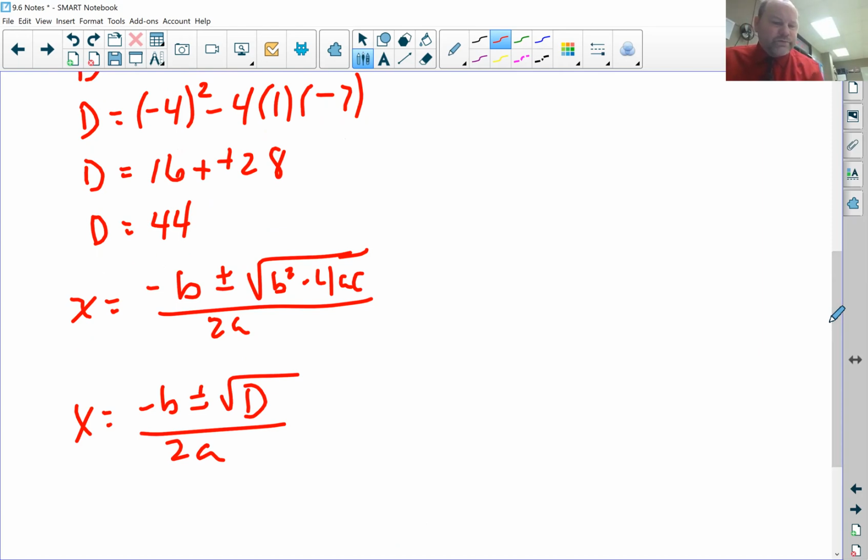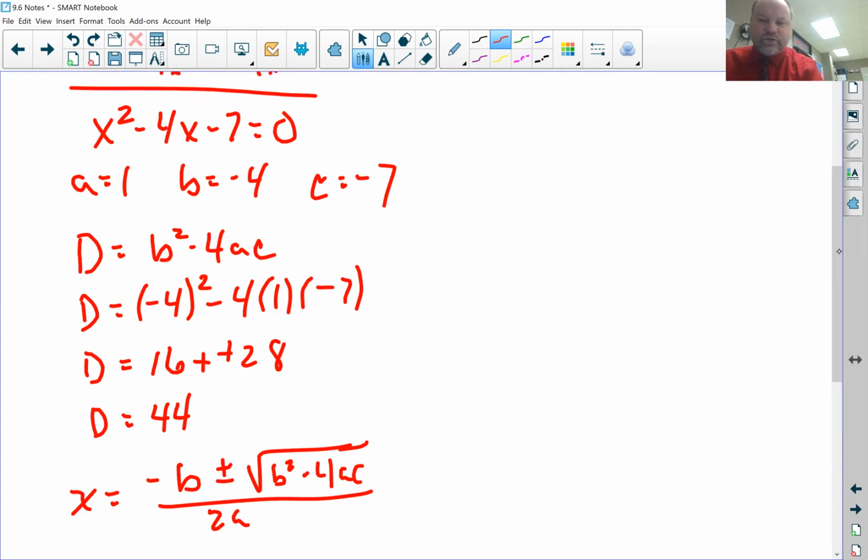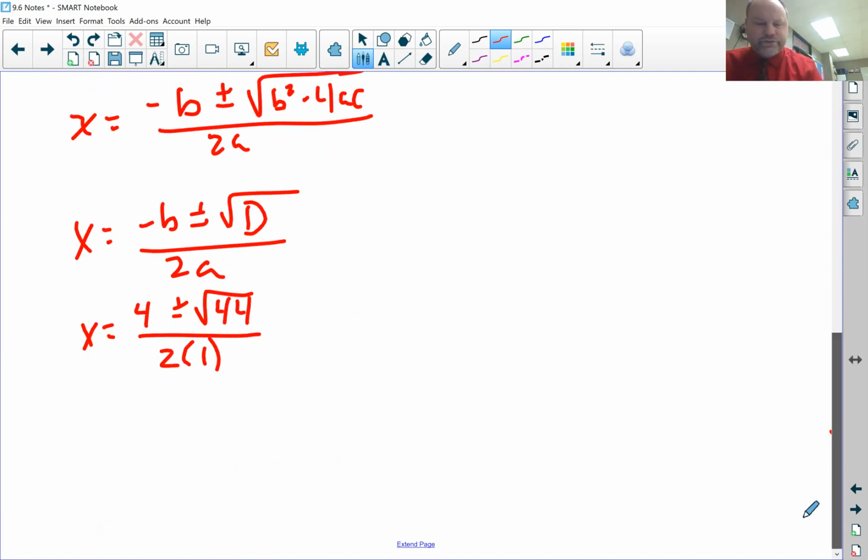If I plug into my quadratic formula, I would get the opposite of -4, that's +4. Again, there's my A, B, and C. So A is 1. That's also important to remember. Plus or minus the square root of the discriminant, so the square root of 44, over 2 times 1.